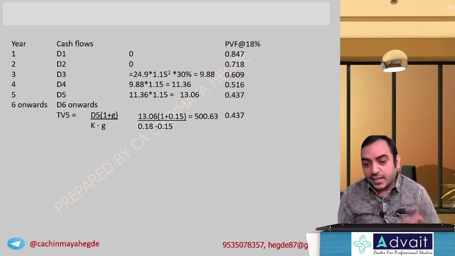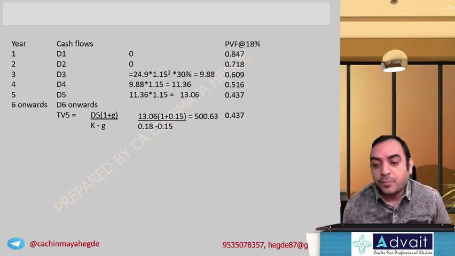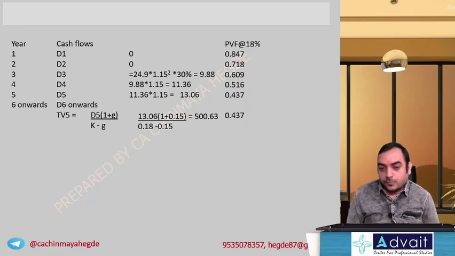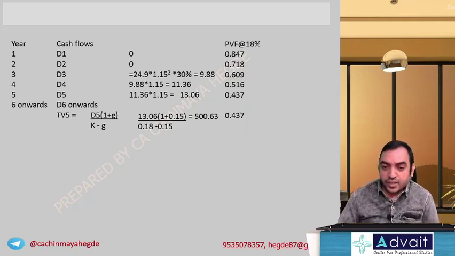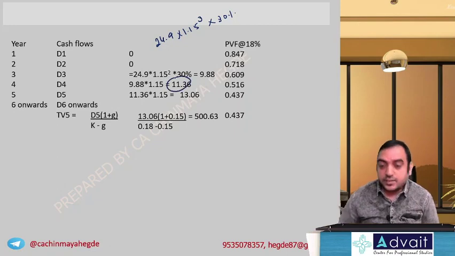Effectively the 30% payout ratio will hold. Even if you calculate, you can verify: 24.9 into 1.15 cube, 3 years happened, into 30%. You can check, it will be 11.36 only.